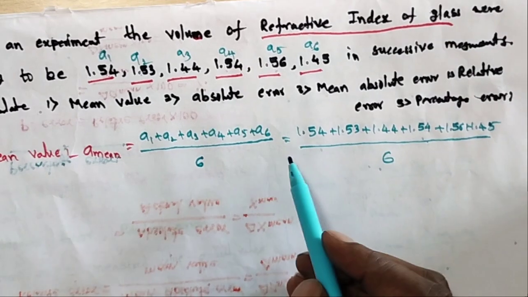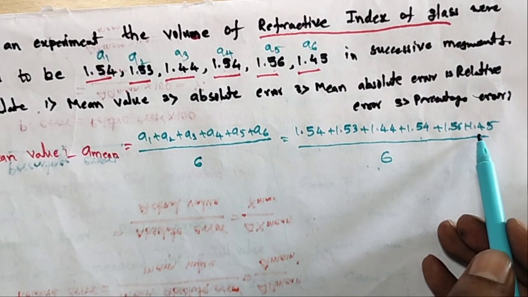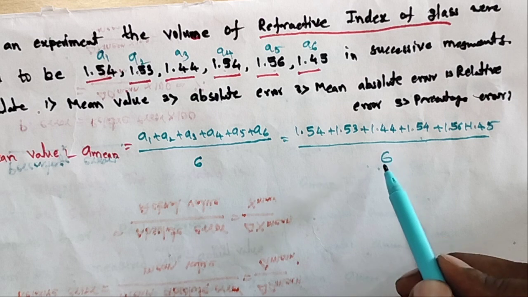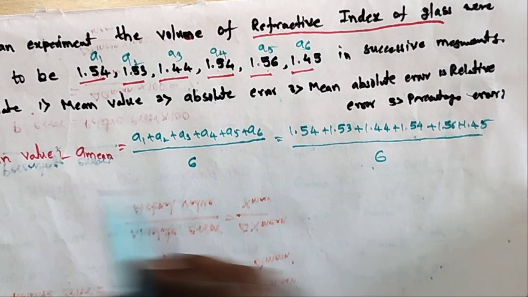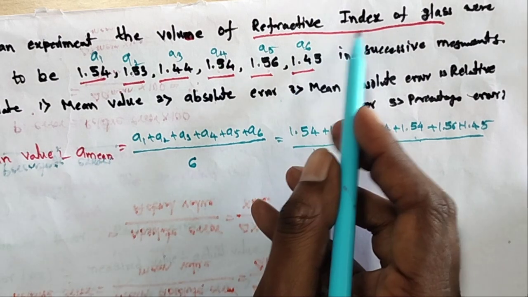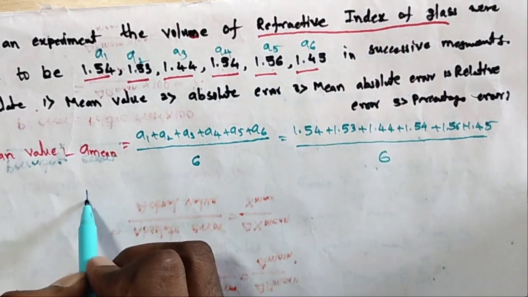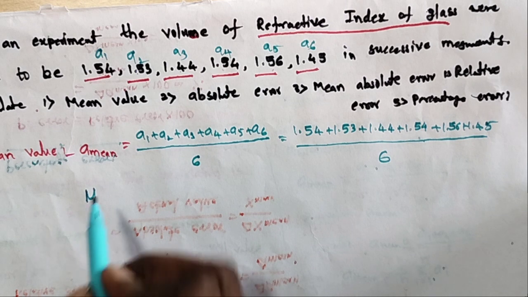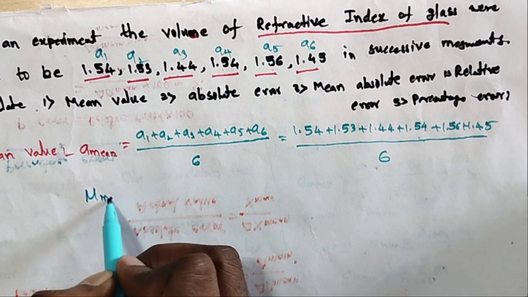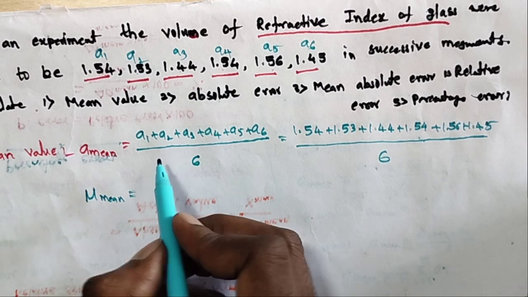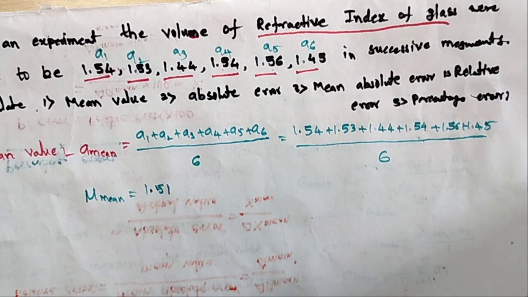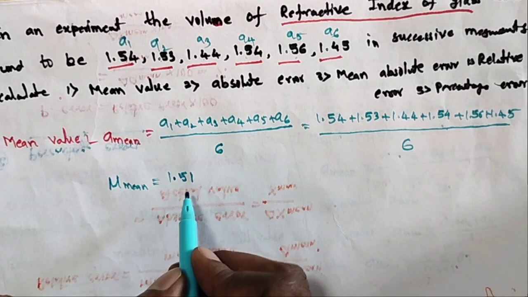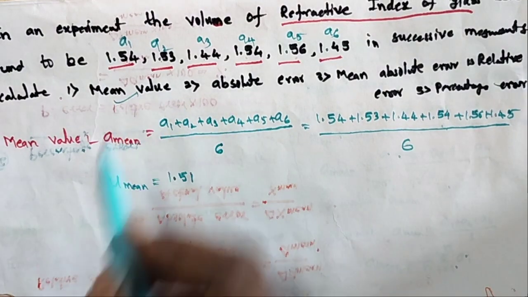This is the refractive index, so I use the symbol mu. The mean value mu is 1.51. The first one is completed.